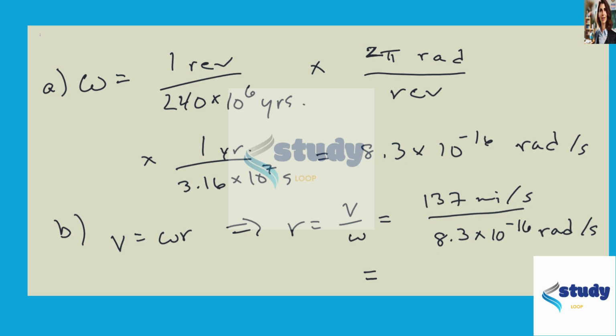And so this will just be in miles, and it's approximately 1.7 times 10 to the 17th miles. Sorry, let me write this a little bit clearer. 1.7 times 10 to the 17th miles.